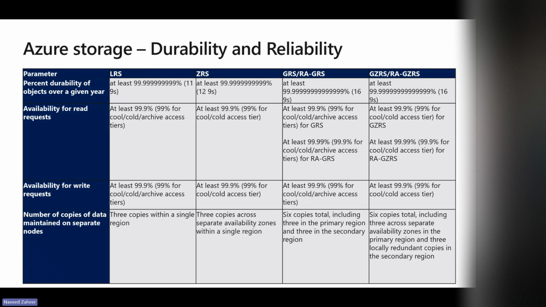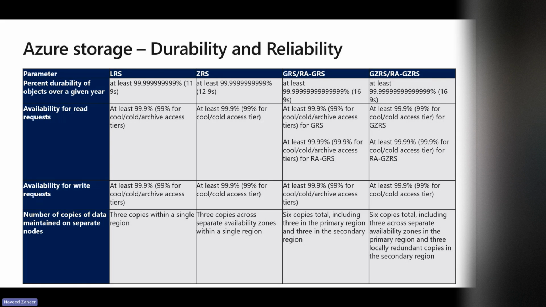Before we jump into it, I just want to take a brief moment to talk about the different durability, reliability, and resiliency features that storage has. First of all, as we know, you can have locally redundant storage, which is the storage account type where you have three copies of the data in the same region.